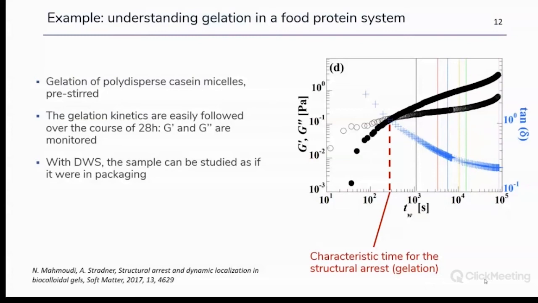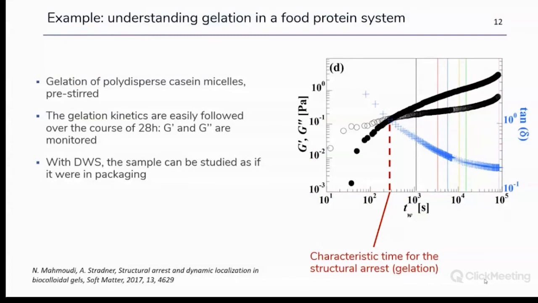So what we see after the stirring, and as we start to investigate the evolution of these values, the storage modulus is always under the loss modulus. The loss modulus is in the open circles, and the elastic modulus is in the filled circles. So we see that the loss modulus evolves much slower than the storage modulus.